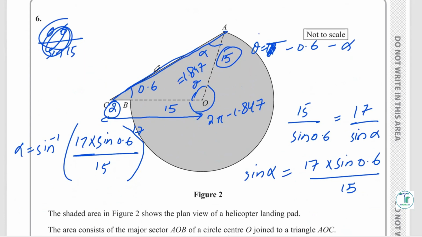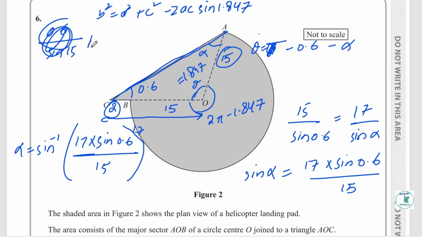You've got AC, and you can simply use the cosine rule over here. b squared is equal to a squared plus c squared minus 2ac times the cosine of the opposite angle, 1.847, right?